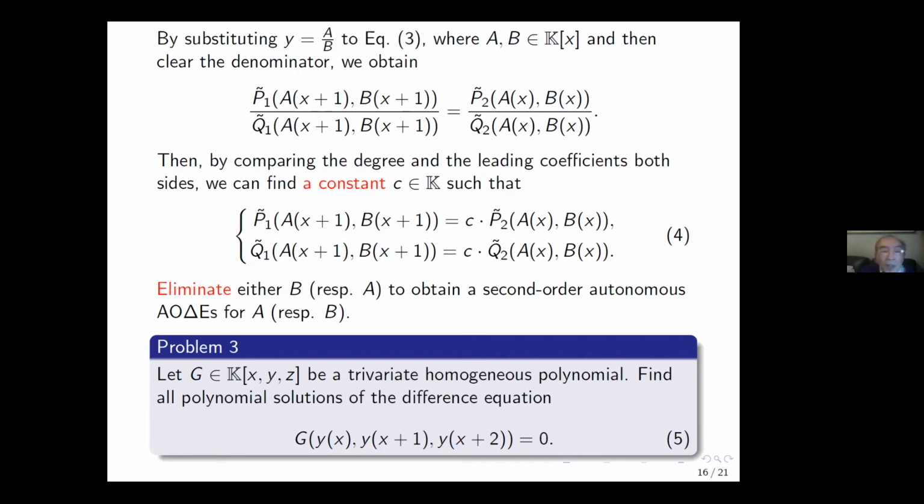Yeah. I have a table, and in the table I list the leading coefficient, the degree of P1 tilde, the leading coefficient of P1 tilde. You mean the initial degree and the leading coefficient of the other thing, and then compare each other. It's not difficult. It's just long.